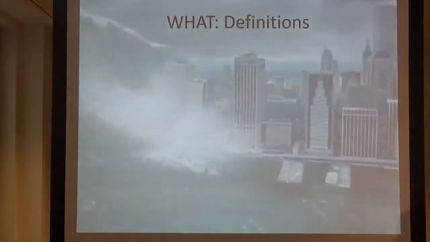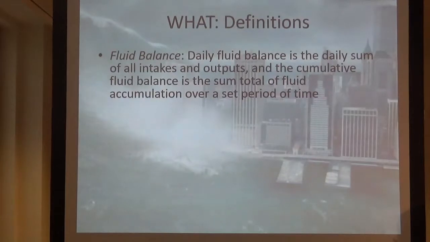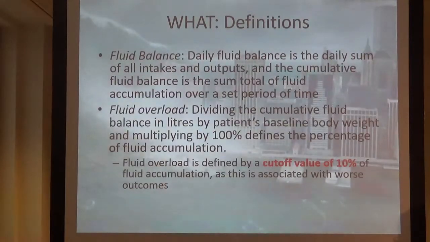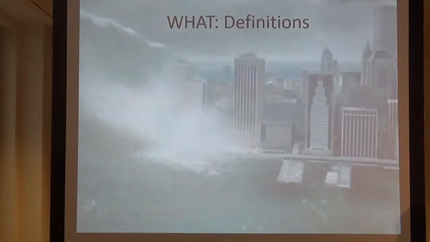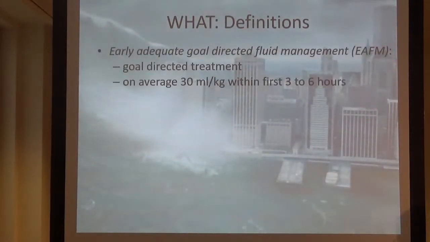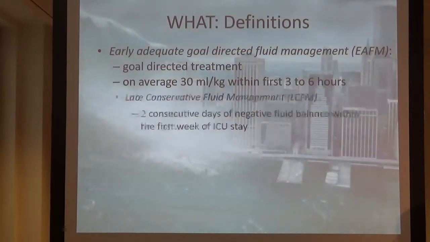But first, what are we talking about? Fluid balance is the sum of the ins and the outs. Fluid overload is defined by a cutoff value of 10% increase in baseline body weight, expressed as fluid accumulation. Early adequate goal-directed therapy has different definitions, but you could use the Surviving Sepsis guideline ones.